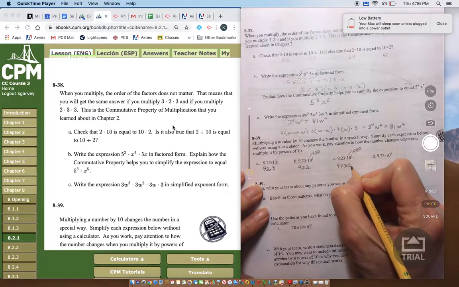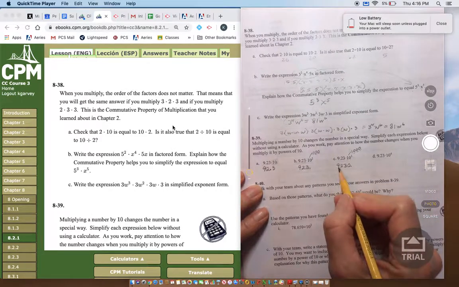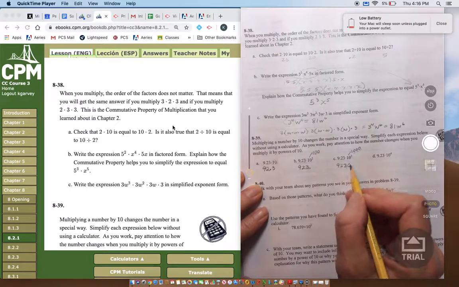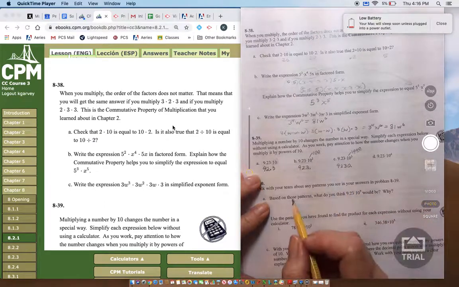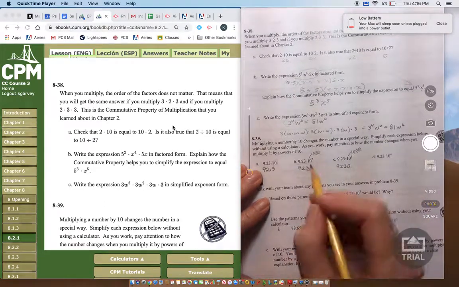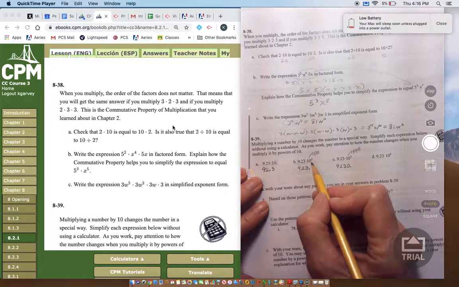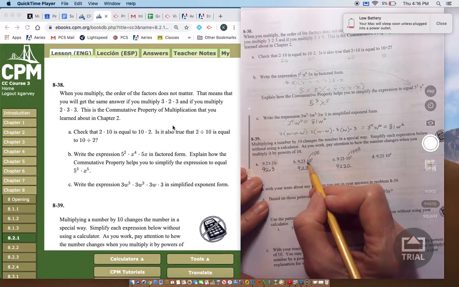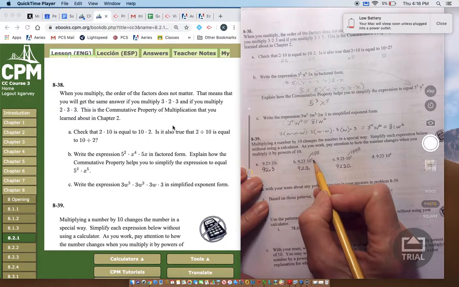So now we've increased this number by 3 place values by multiplying it by 1,000, or 10 to the third power. So I'm sure you're noticing a few patterns here. We've got 2 zeros on 100, and this is 10 to the second power.